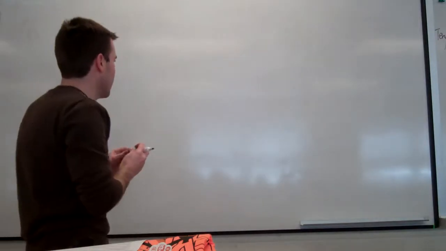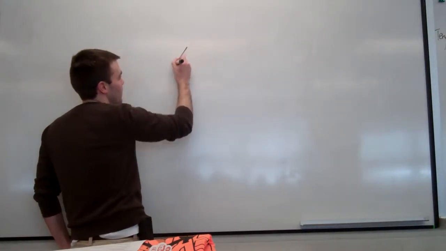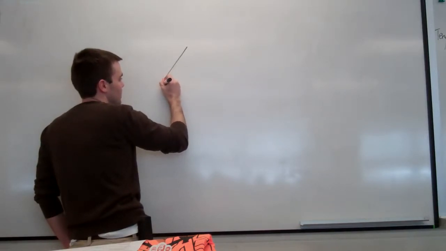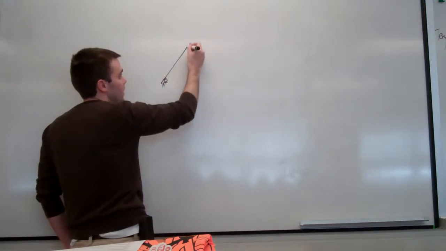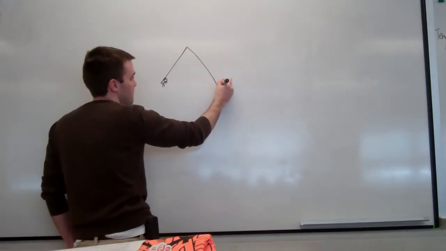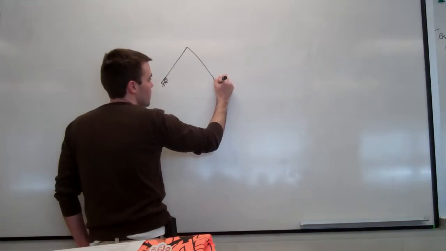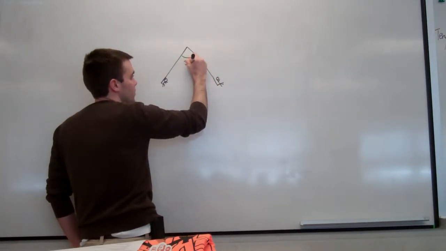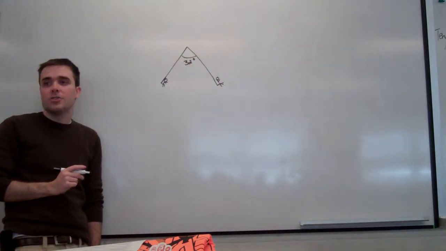Okay, let me draw a picture here. So it goes from, draw a bad child here. There. Is 32 degrees. Quiet guys.